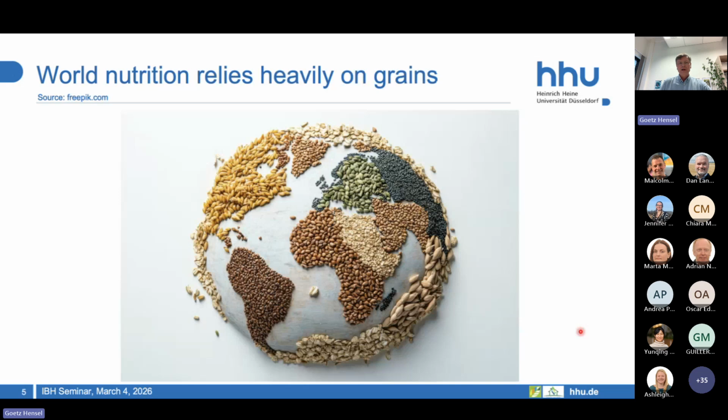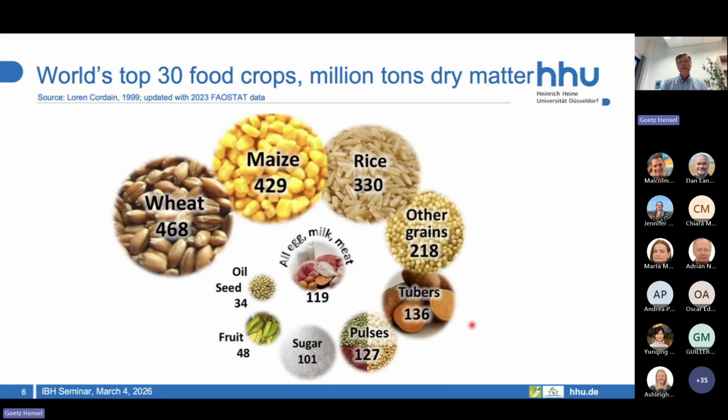And if you look at how those people are fed these days, you will see that the world's nutrition relies heavily on grains, as illustrated here nicely on this picture. And if you then look into what we eat, these are somewhat outdated numbers, but I liked the image.